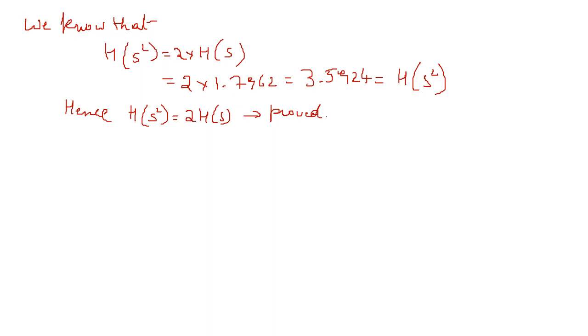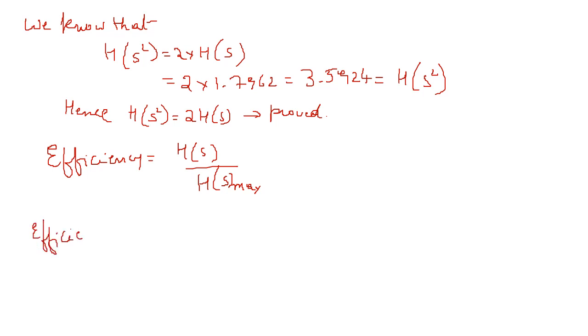Next we'll try to find the efficiency of the source. What is the formula for the efficiency of the source? We know efficiency is nothing but H of S divided by H of S max. Now we'll find the efficiency of the given source. So efficiency of the source is H of S, which is 1.7962, divided by H of S max.